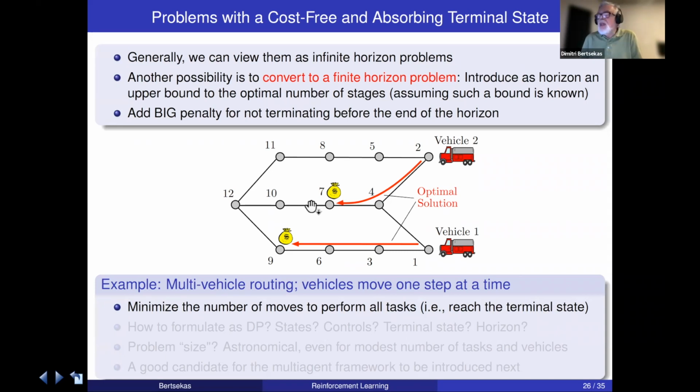Okay, so you can have a horizon that's 6, and also have a big penalty for not terminating after 6 steps. Of course, it's possible to get to both of those in 3 steps. And in fact, the optimal solution is what you see here. But that would be a formulation as a finite horizon problem.